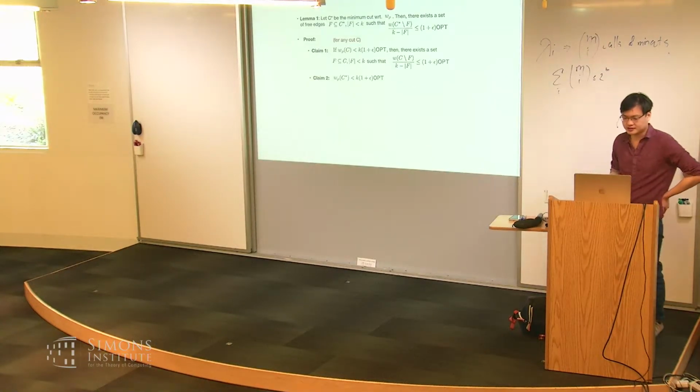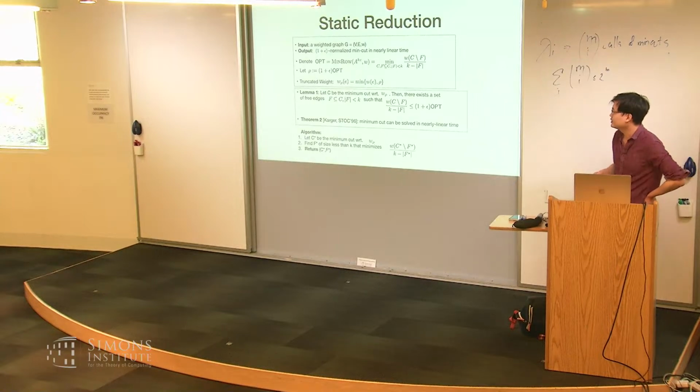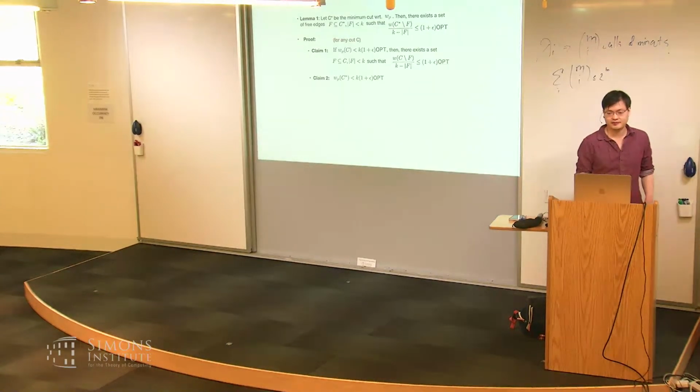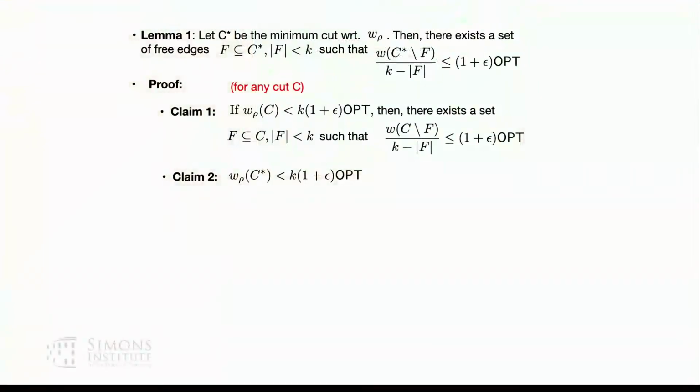Now let's take a look at the proof of Lemma 1, and this proof is very simple. I can even write the full proof here. The lemma says that you can find the optimal set in the minimum cut with respect to the new weight. So let's split into two claims.